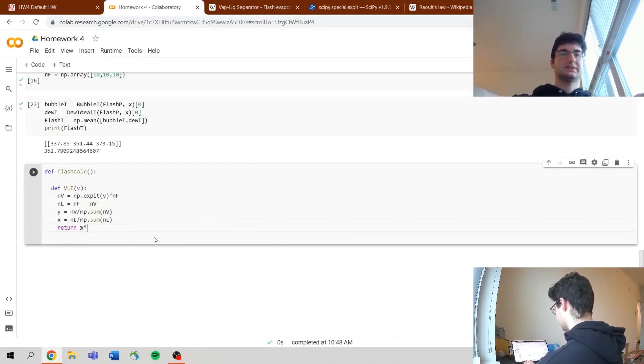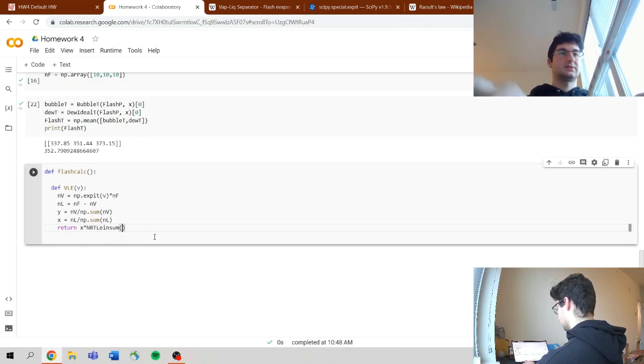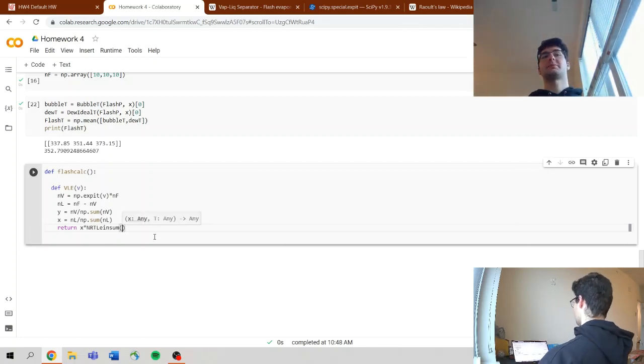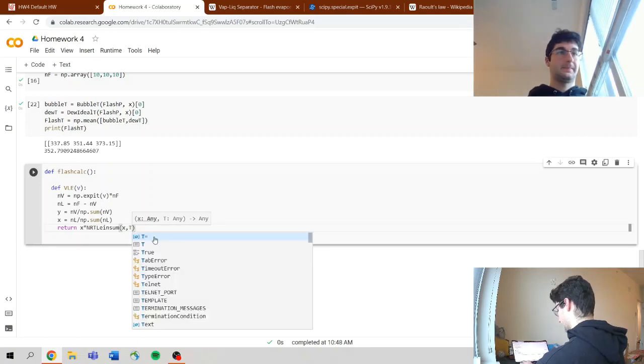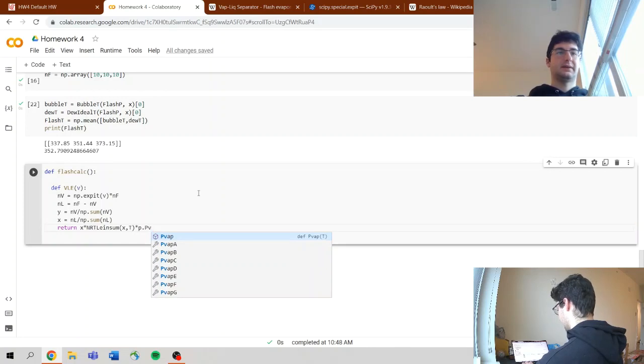The activity coefficient is our NRTL function that we made in part 1, and that one needs an x and a T. Then we multiply it by P star, so that's P dot P vap.